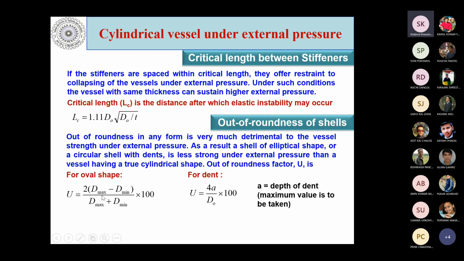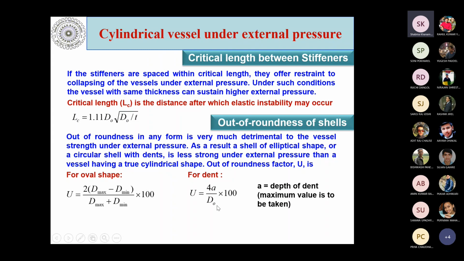D max is the major axis diameter, and D min is the minor axis diameter for the oval shape. Because out of roundness is a percentage, it will always be multiplied by 100. So this is for the oval shape.